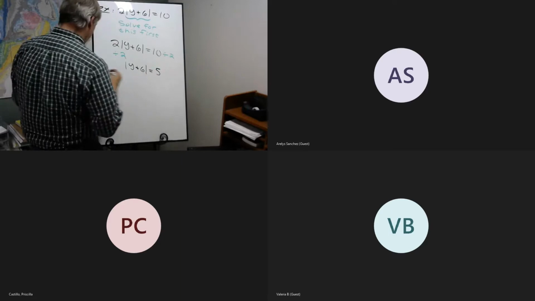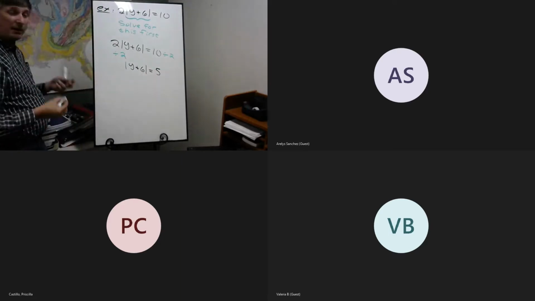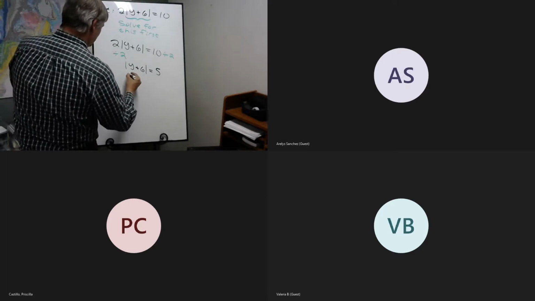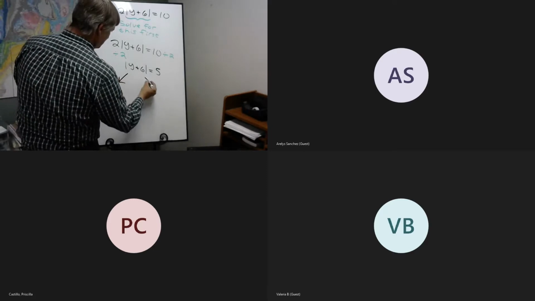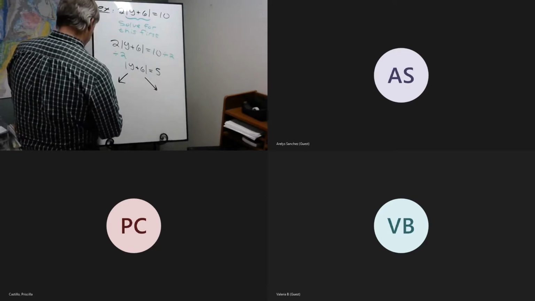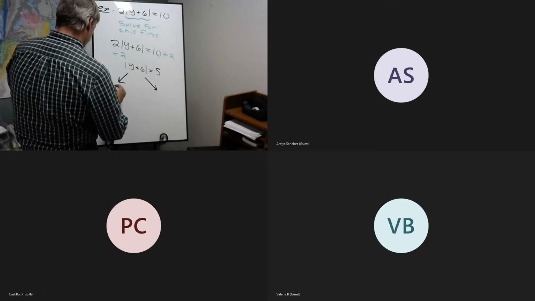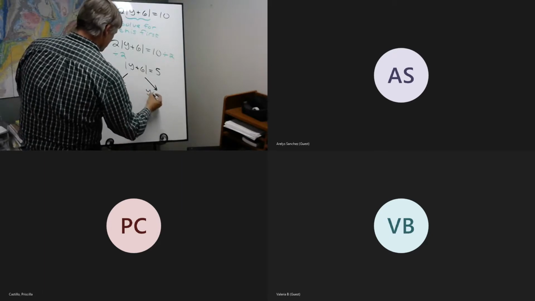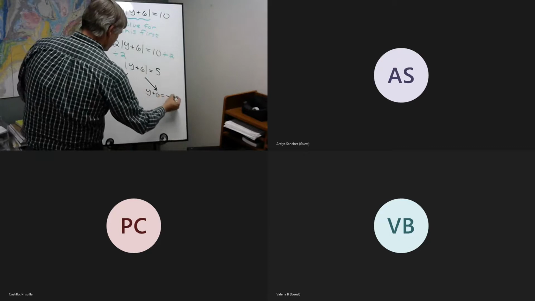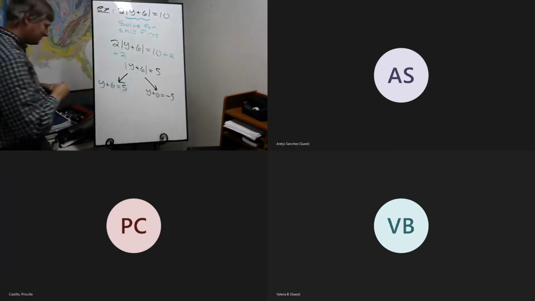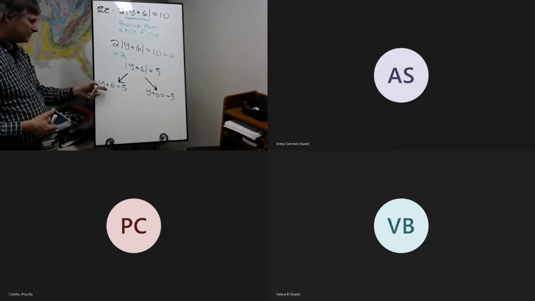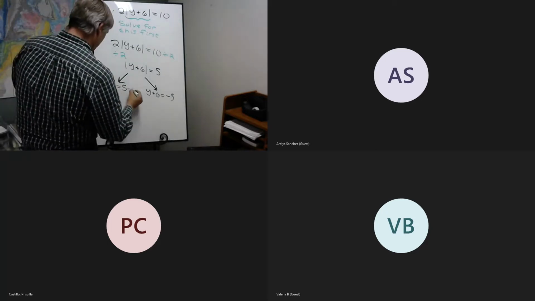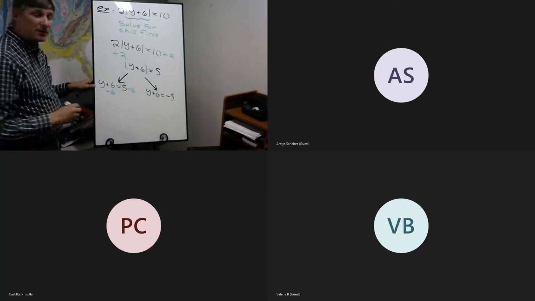Now we break it up into positive and negative versions. And then subtract 6 from both sides. Subtract 6 from both sides.